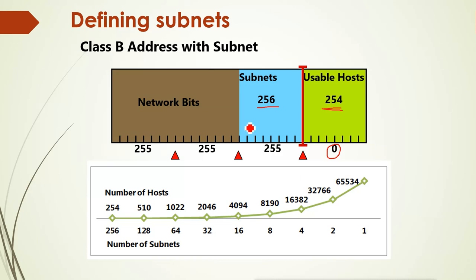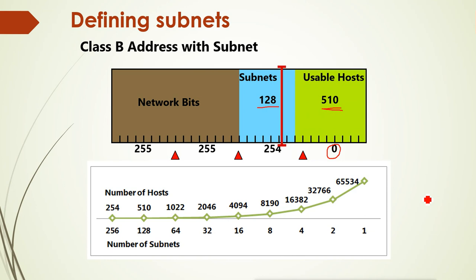Now if you increase the host bits, the usable hosts and the subnets will also start increasing. As you can see, the number of hosts increases when you increase the host bits.